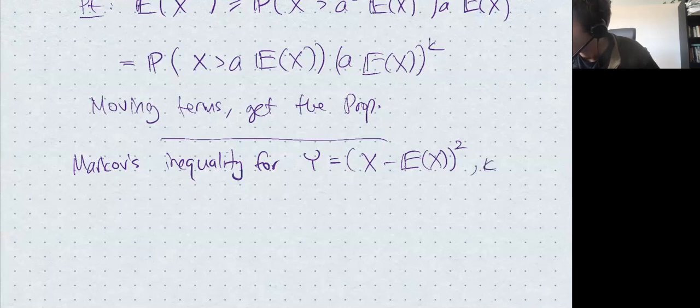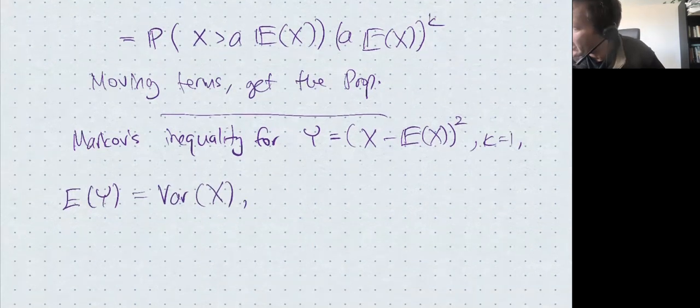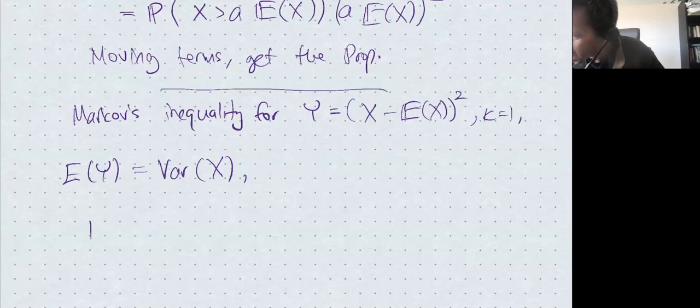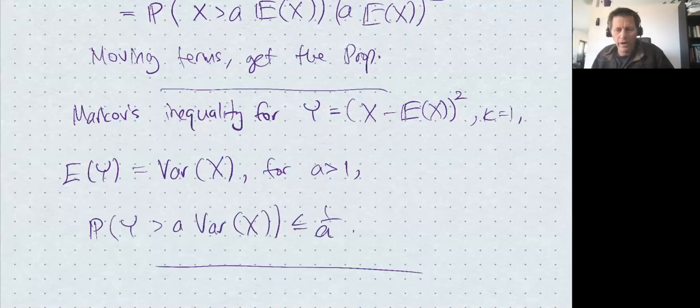So I'm going to apply the inequality with k equals 1 and this random variable, and I get that the expectation of y is the variance of x, so it's the second centered moment, and then whenever a is bigger than 1, I get this. Okay, so that's just a special case, k equals 1, of the previous inequality for this particular random variable.